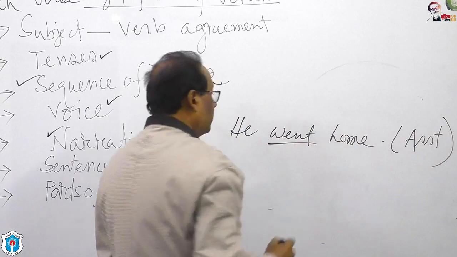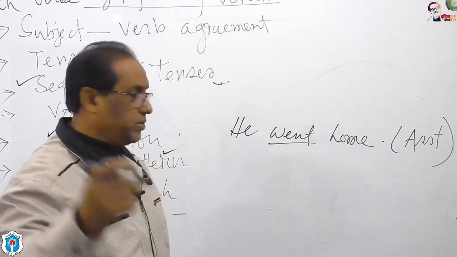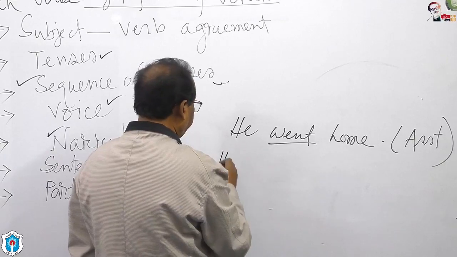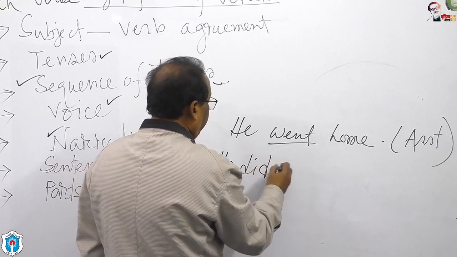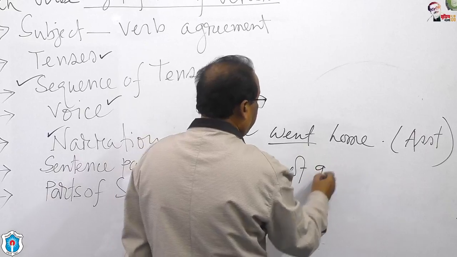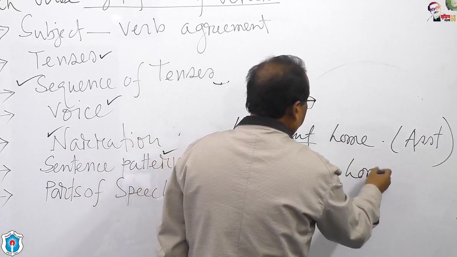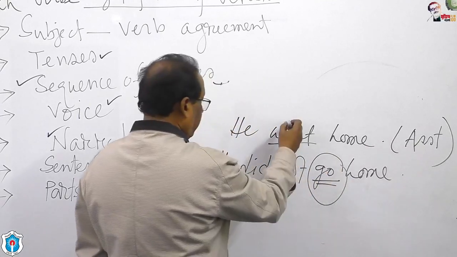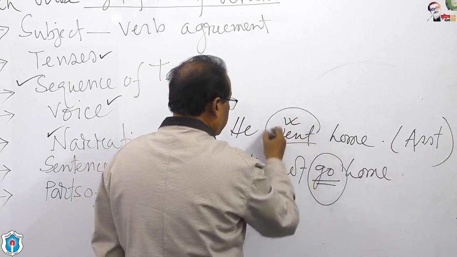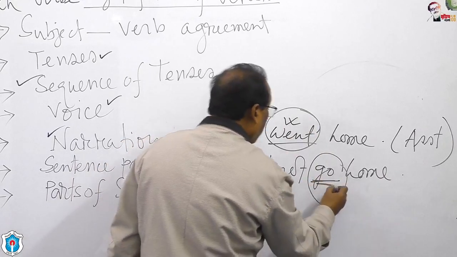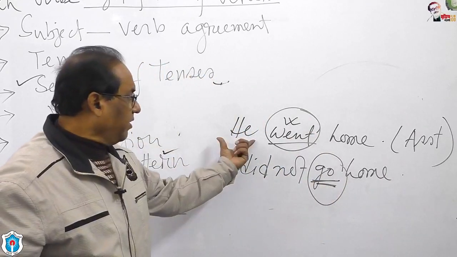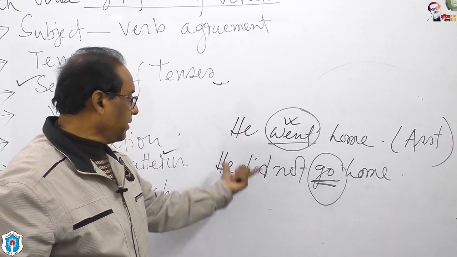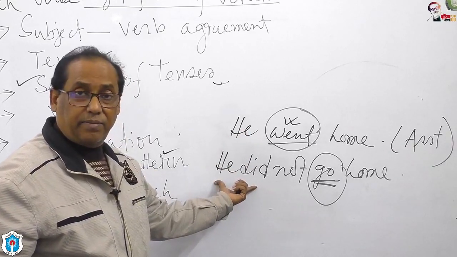The verb is went, right? But if I write it in this way, he did not go home. Now the verb is go, but in the first sentence it was went, because the pattern of the sentence changes. It is assertive, but now it is negative.